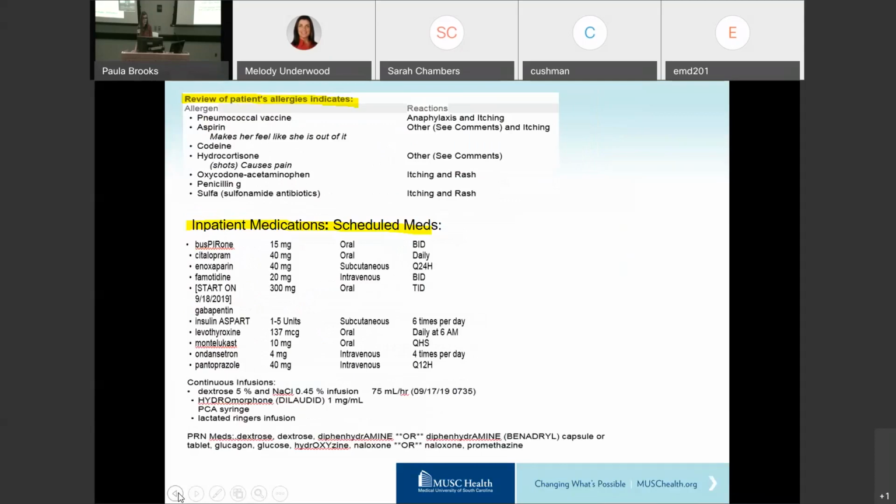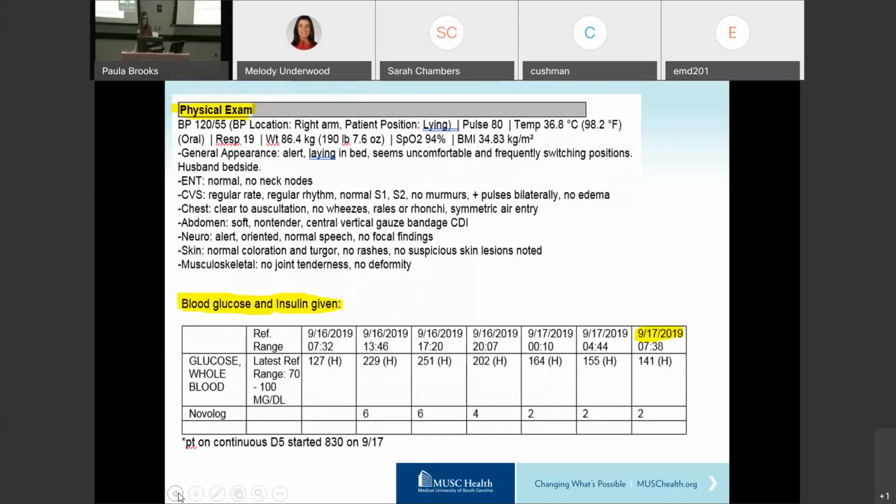They're reviewing the patient's allergies, inpatient medications, physical exam. Look at that and make sure we have an 8-organ system exam. We have constitutional.